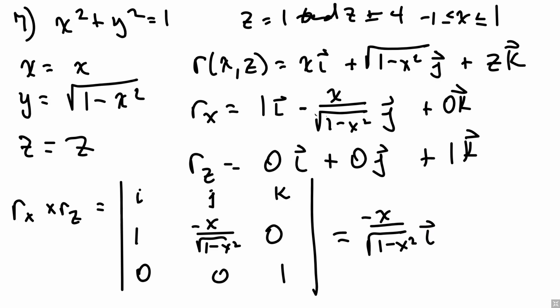For the j component, we're going to get minus just 1 j, and in the k component, we're going to get 0. Okay. All right, so next, we'll take a look at the magnitude. Any questions so far?